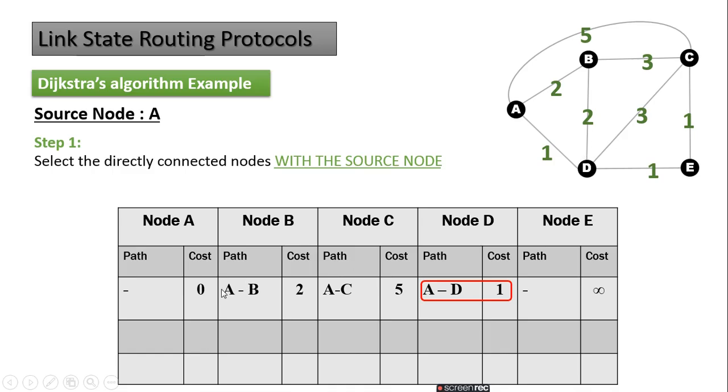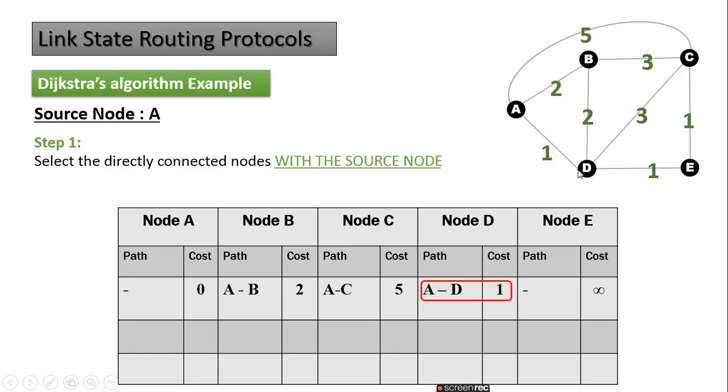What about B? Now currently we have AB2. Now we are looking whether we can reach B via AD because that's our lowest one. Can we reach B via AD? Let's see. ADB. We can. Look at the cost. It's AD1, DB2.